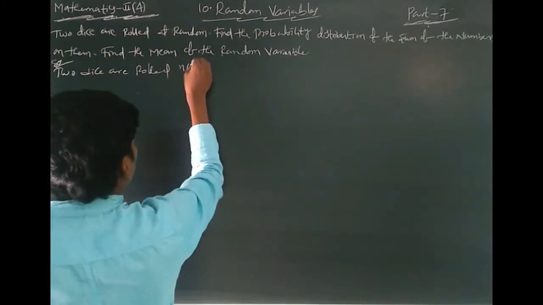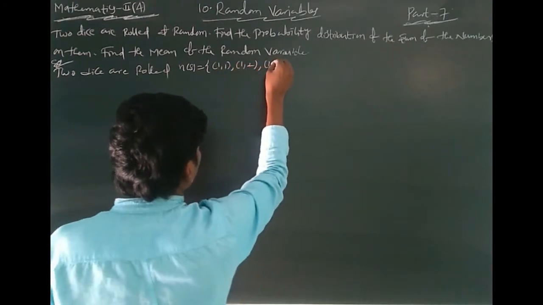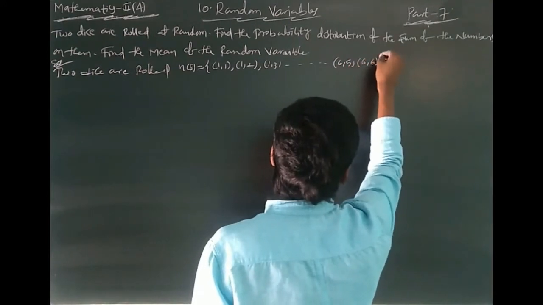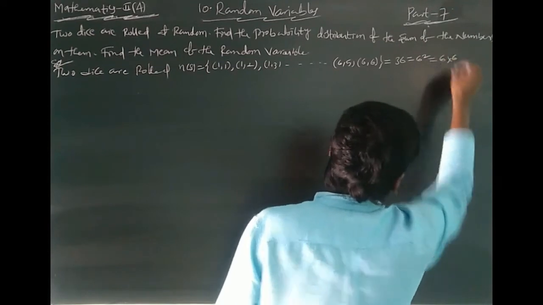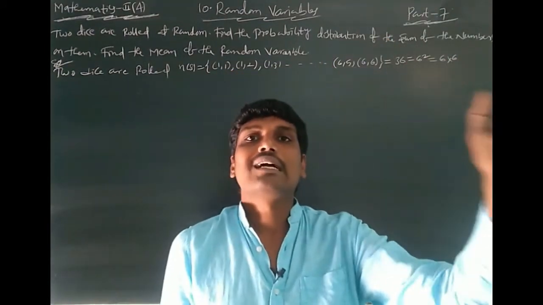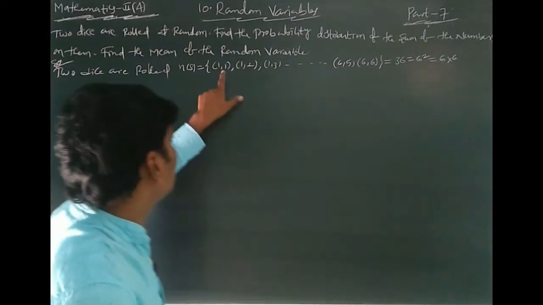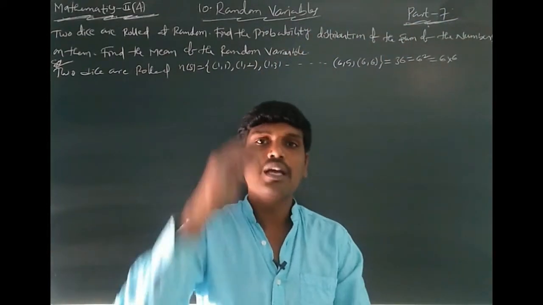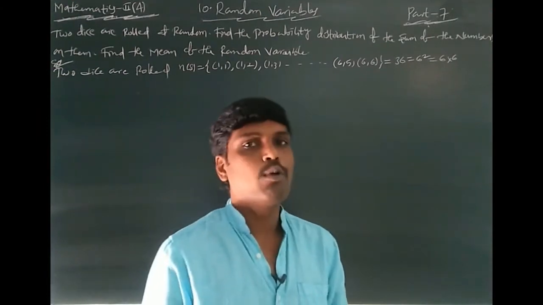Sample space n of S is equal to (1,1), (1,2), (1,3), and so on up to (6,5), (6,6), total 36, nothing but 6 square, 6 into 6. 1 die is rolled, 6 outcomes. For 2 dice: (1,1), (1,2), (1,3), (1,4), (1,5), (1,6), up to (6,6). Total 36 possible outcomes.